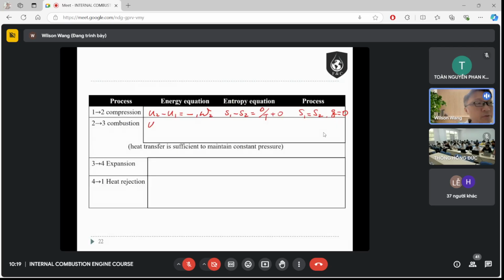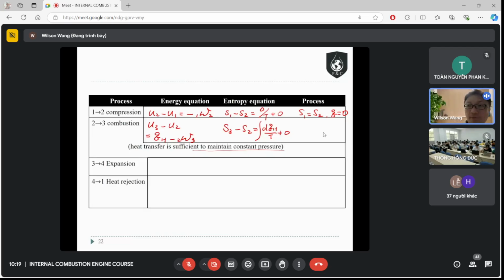So U3 minus U2 equals QH minus the work from 2 to 3. We know this heat transfer is sufficient to maintain constant pressure, so the entropy equation S3 minus S2 equals the integral of QH over T, plus 0.